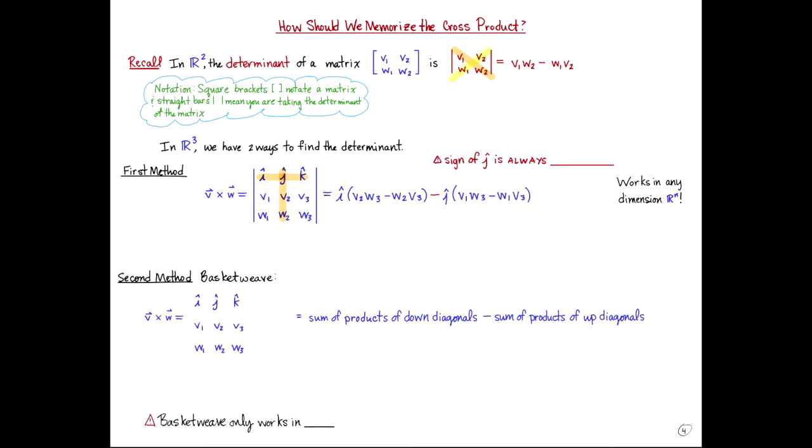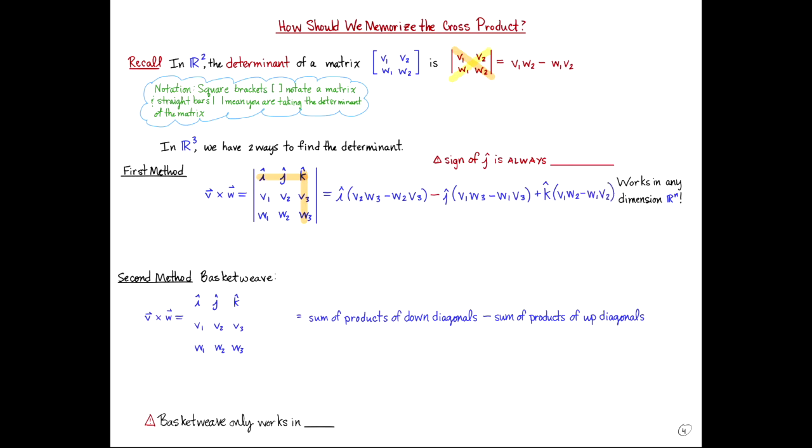The signs alternate, so we're back to a plus k, crossing out the row that contains k and the column. The determinant of the remaining 2 by 2 matrix is V1 times W2 minus W1 times V2.